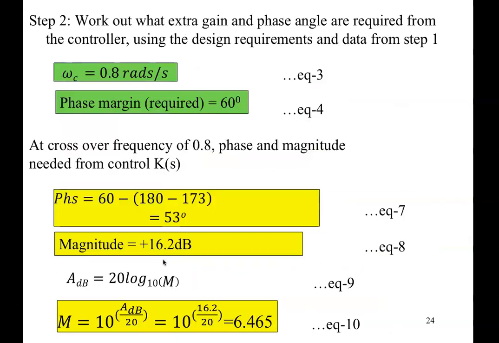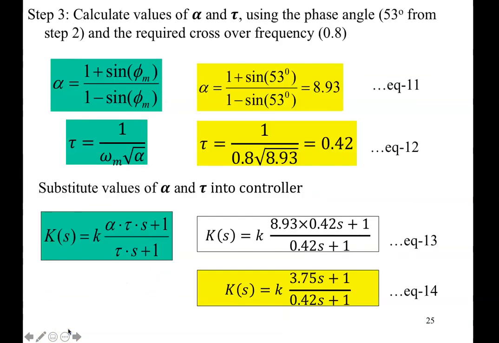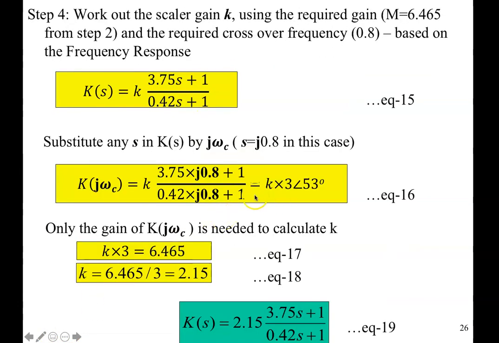Okay, 3 times k equals M. M is 6.465. Therefore, k equals 6.465 divided by 3, or 2.15. Substitute that 2.15 into equation number 15, and I end up with my controller.